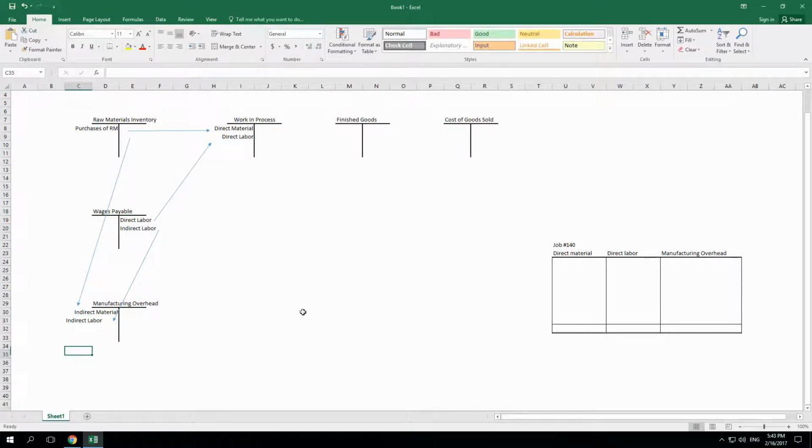Okay. And then there could be other overhead items. So things that go into overhead, they are part of the product, part of the job, but we can't get a direct relationship. We can't say that it takes 2 pounds of indirect material to make each computer unit, right? Or it takes 15 hours of indirect labor to build this house.